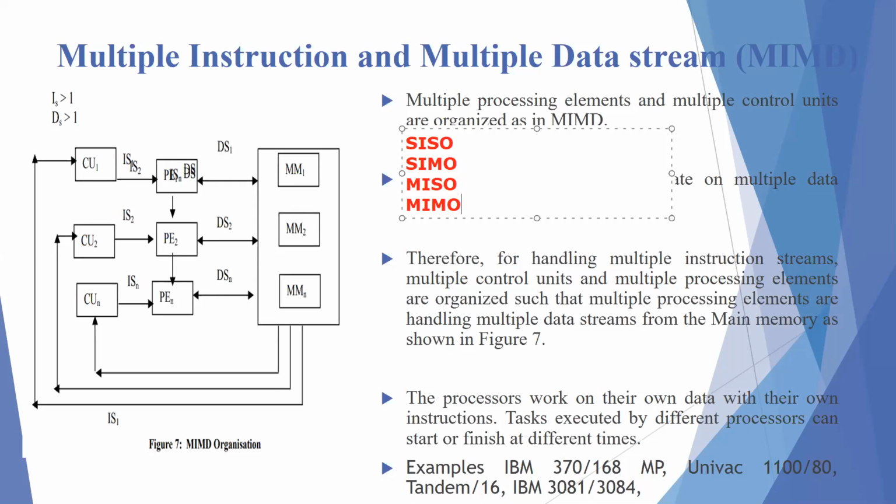When we talk about single input and single output, here we have one antenna at the transmitter and one at the receiver. When we talk about single input and multiple output, we have one transmitter and multiple receivers just to enhance the signal quality. And when we talk about MISO, we have multiple transmitters and a single receiver.